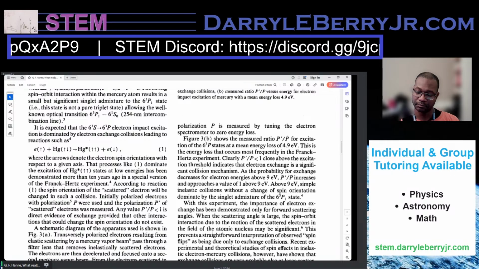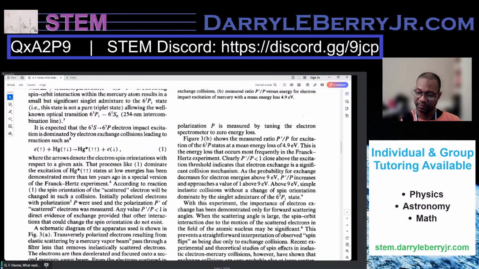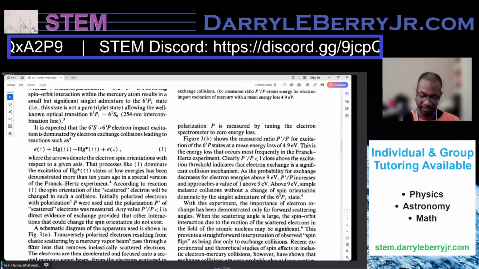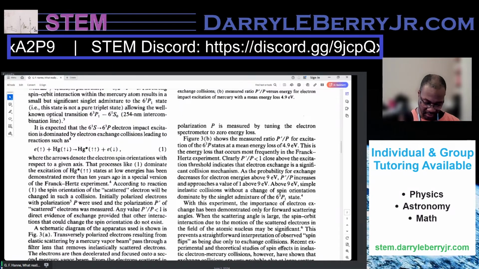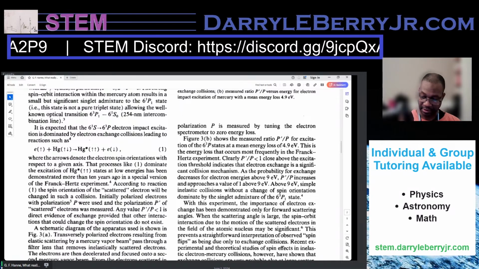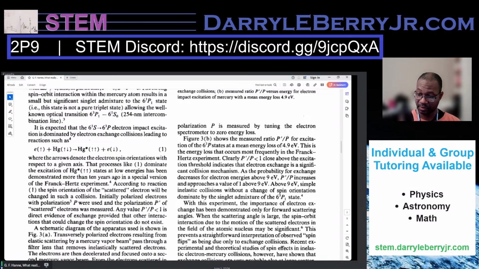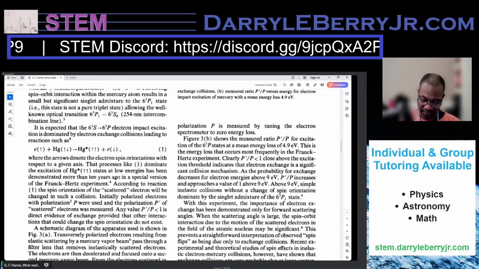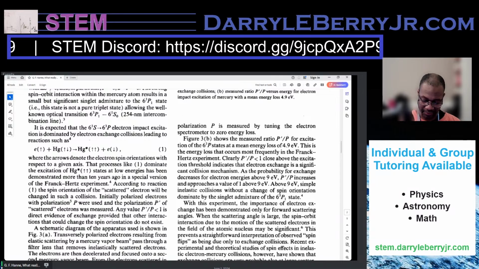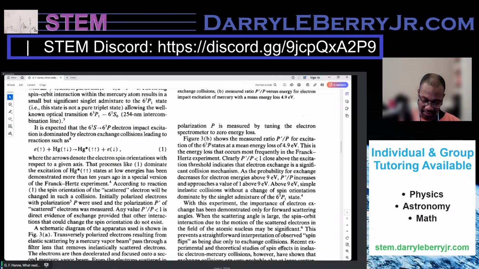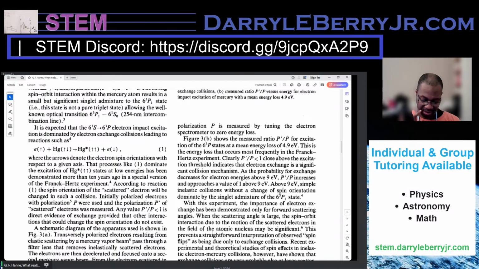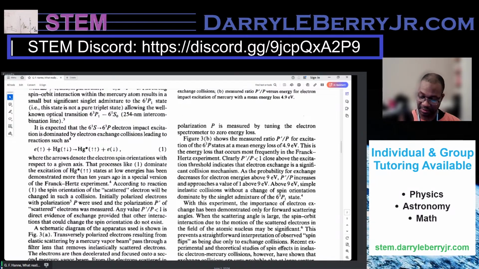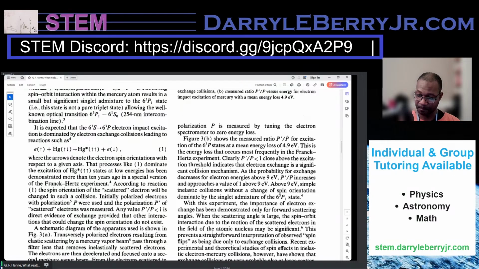So if polarized electrons P were used, they're sent into the Franck-Hertz experiment. And then the ones that are scattered, that had an impact with an atom, they called P prime. And then they measured the corresponding spin of the P prime electrons.